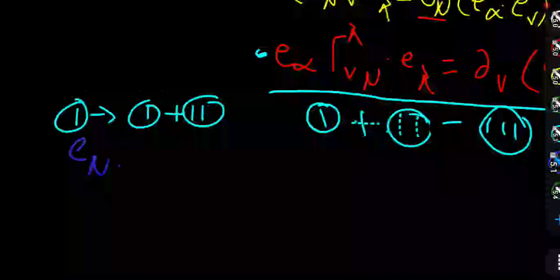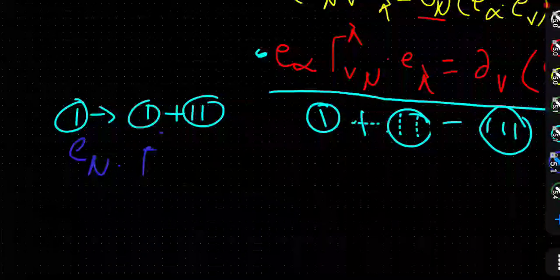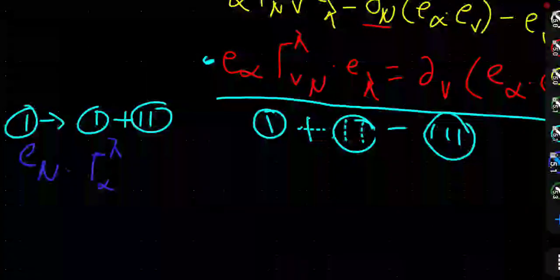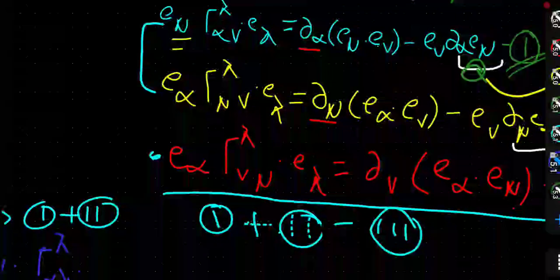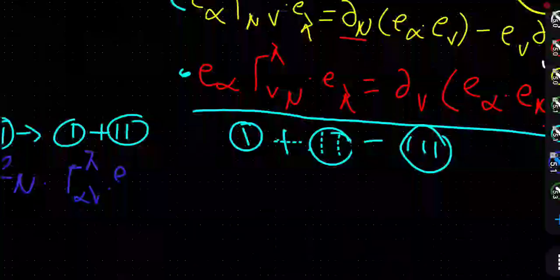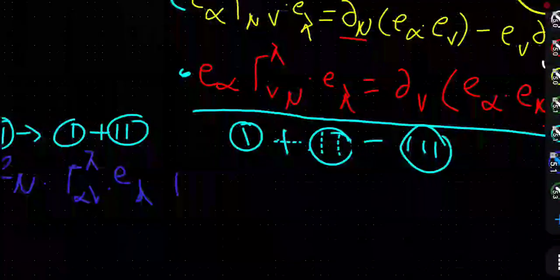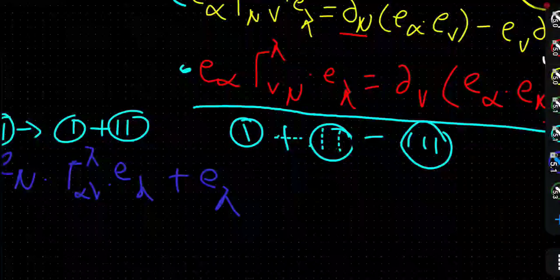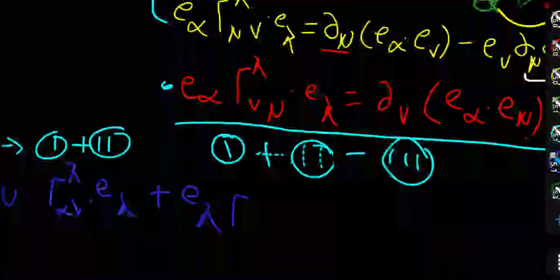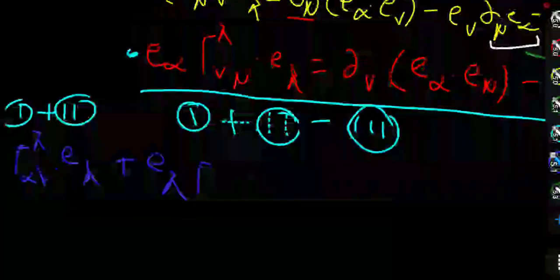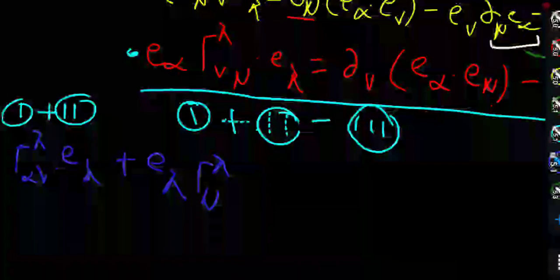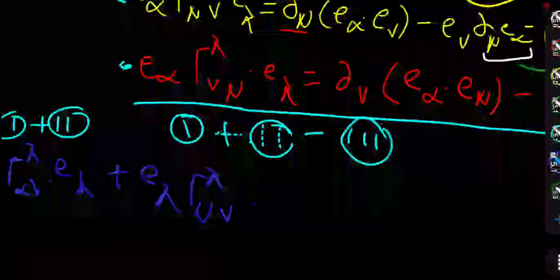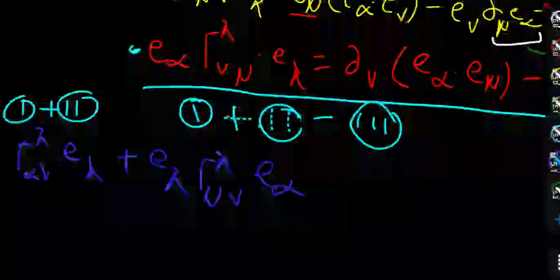E of mu, Christoffel symbol lambda, and here it is alpha nu dot E of lambda, plus, here you have E of lambda, Christoffel symbol lambda mu nu dot E of alpha.